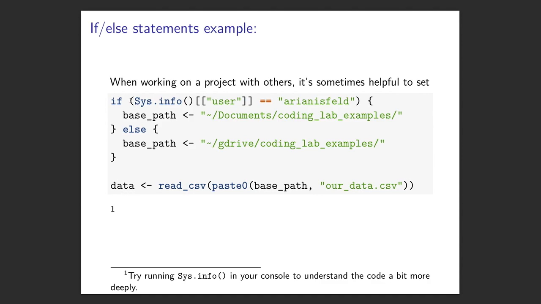So the condition here says if, and this is basically a way to ask R if I'm the user. If the user is Ari Annisfeld, then we're going to set the base path like so. Otherwise, we'll set the base path like this. And then we can use base path in our read CSV and get the data in on both our computers.